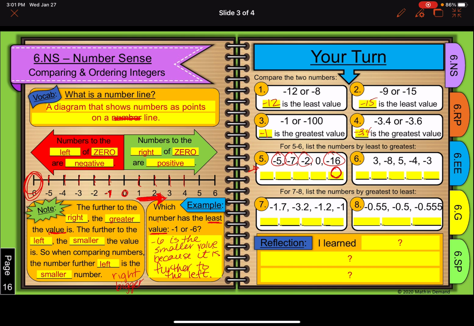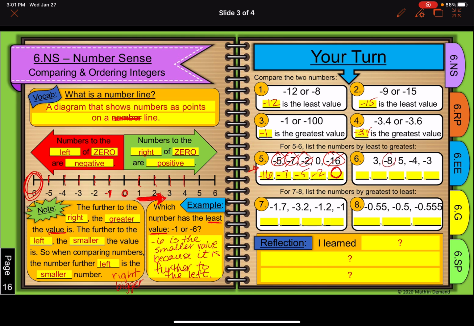And then I know, based on how close they are to 0, 16 is further away from 0 than any of these other numbers. So -16 is going to be my smallest. And then the next closest is -7, and then -5, and then -2. So you can really use 0 to help you figure out the values of your numbers from least to greatest.